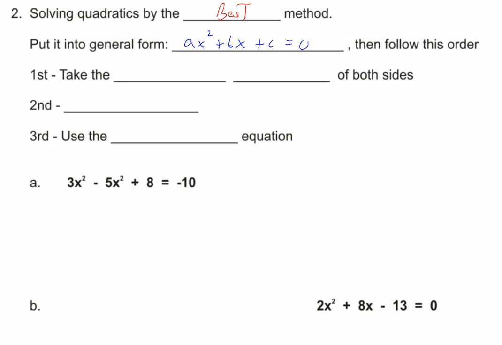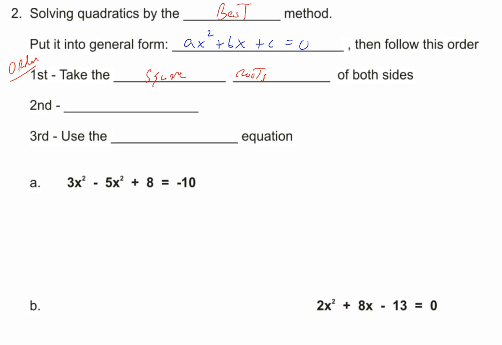Look, here's the order in which you want to decide which method to use. First thing you want to try is take the square root of both sides. So the first method you want to try is solving by roots, right? Which means take the square root of both sides.